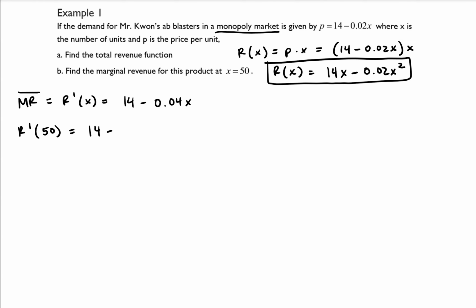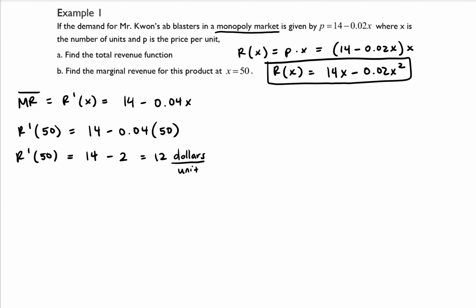So we're going to plug in 50 into our derivative function. And that is going to simplify to 14 minus 2, which ends up being 12. And remember, the units for this is dollars per unit.